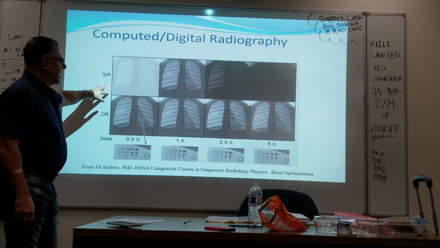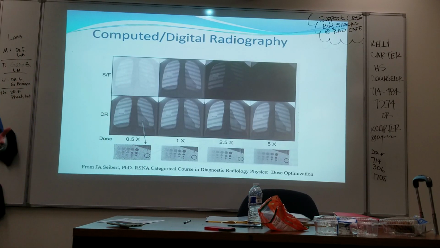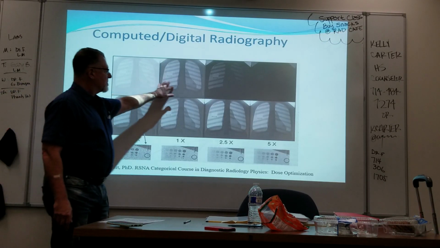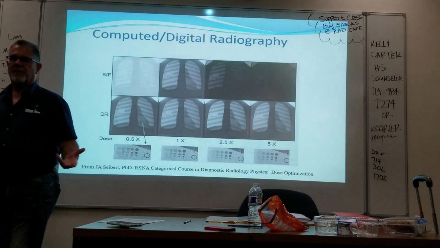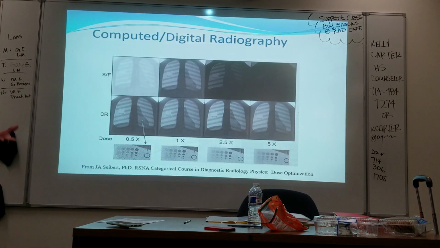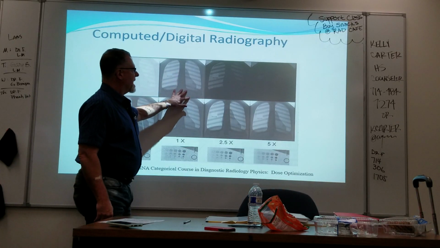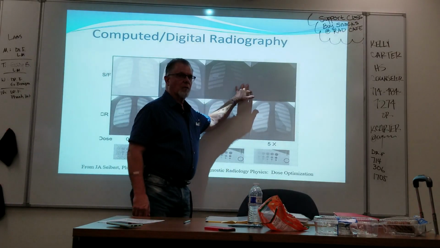So here's the problem with digital. For screen film, as represented above here, if you overexpose the patient, it's obvious. Okay? This is what you're supposed to have. These are grossly overexposed.